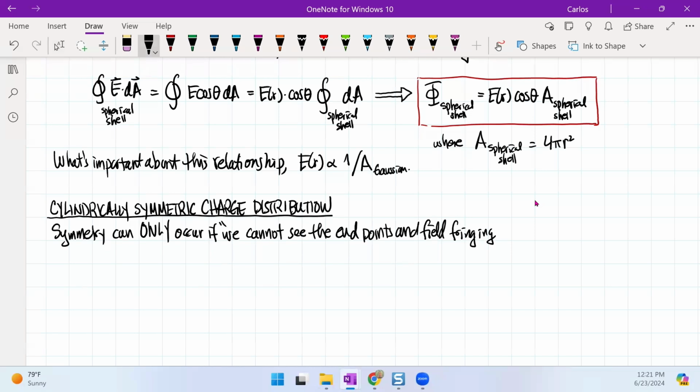We cannot see the endpoints and field fringing.